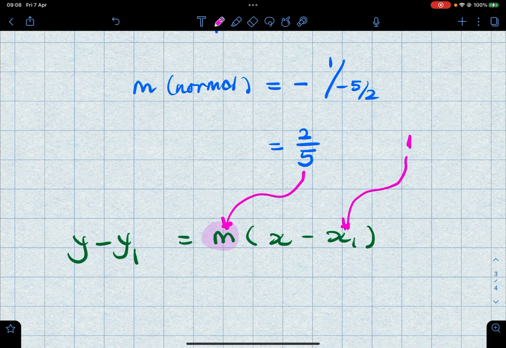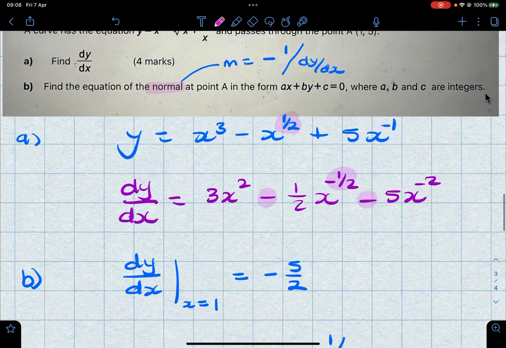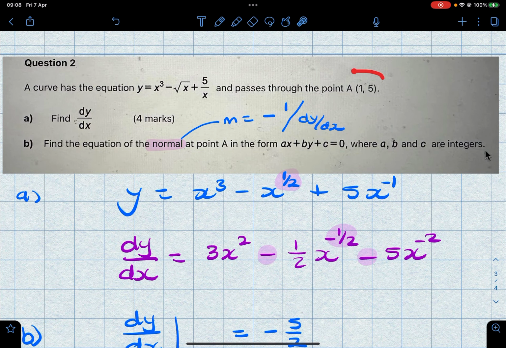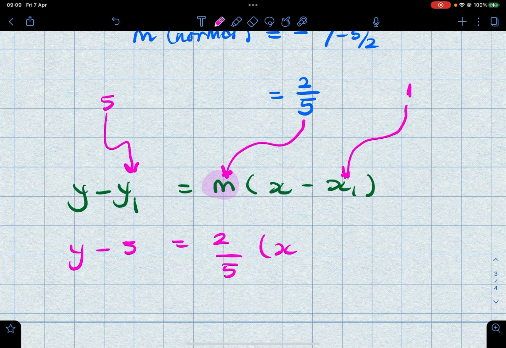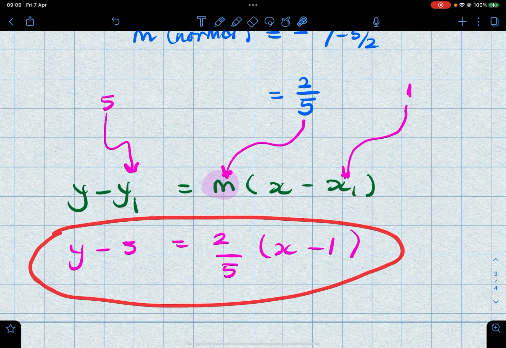It's 1, because that's the point we were told about, 1, 5. But we also know the 5 is your y, or your y1. So if you put those in, you get y minus 5 equals 2 over 5 times x minus 1. Now, that is your answer.